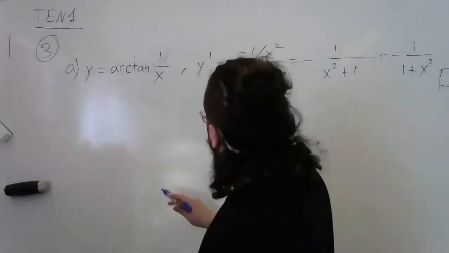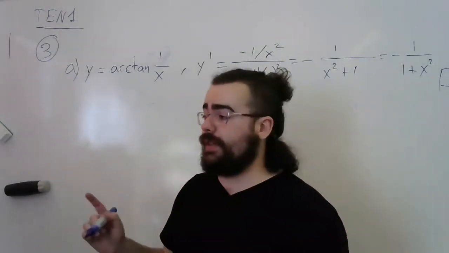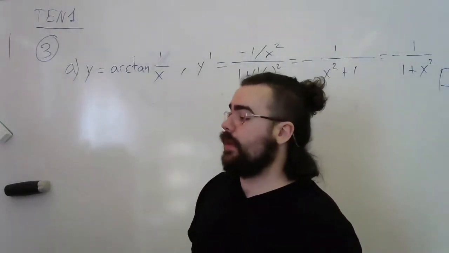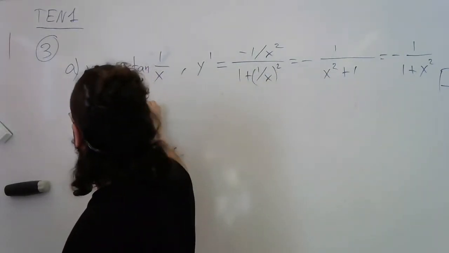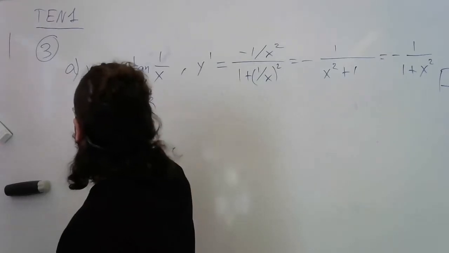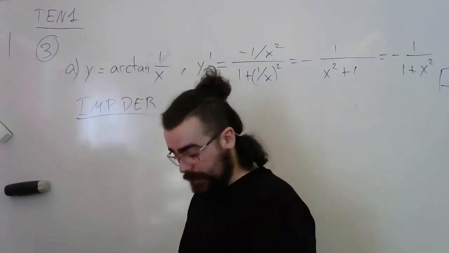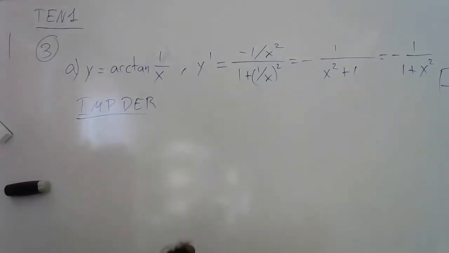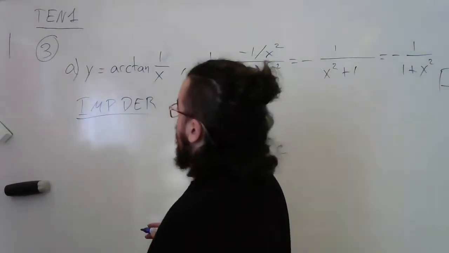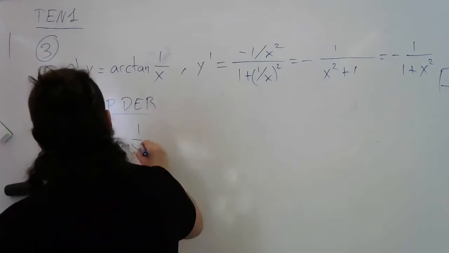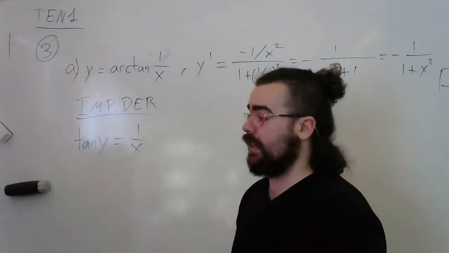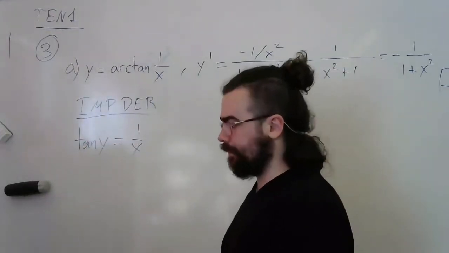So if we don't know what the derivative of the arctangent is, we apply our other tool, which is implicit derivation. I told you once, you will never get tired of seeing this, and it's right. One does not simply get tired of implicit derivation. So what we have here is, first of all, the tangent of y is 1 over x, which is the definition of the arctangent.